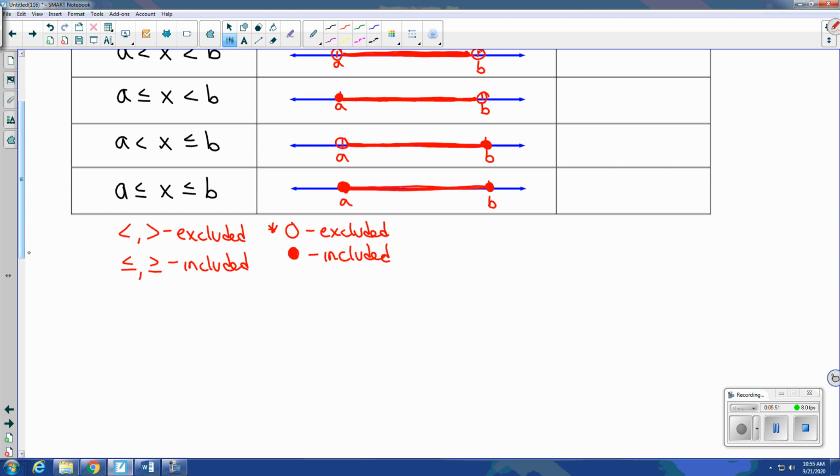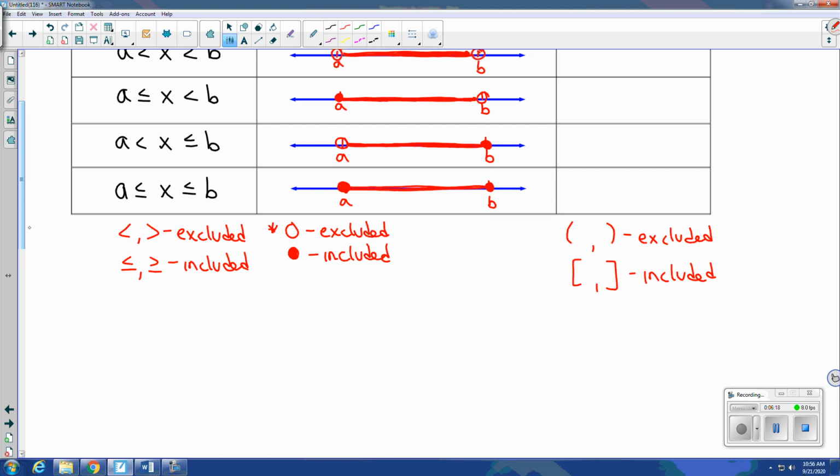We already mentioned before that we're going to be using parentheses or brackets to indicate exclusion or inclusion in interval notation. So parentheses mean exclusion or excluded. I'll stay consistent. And brackets indicate included.